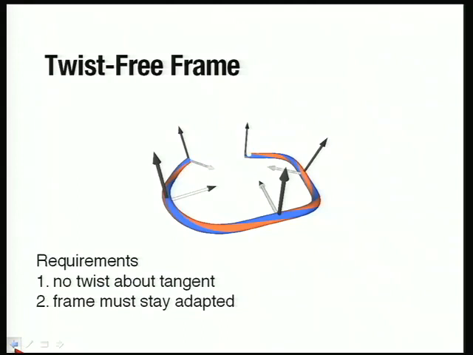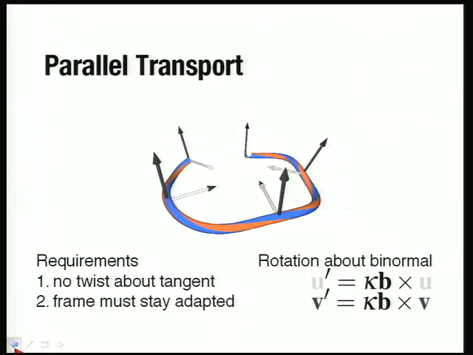So these two requirements, the twist-free requirement and the adapted frame requirement, define parallel transport, which is what you just saw, taking the frame at one end and mapping it in a twist-free way everywhere else along the rod. And this is defined as simply rotating the frame about the binormal at each point to map it to the next point. So this is parallel transport.